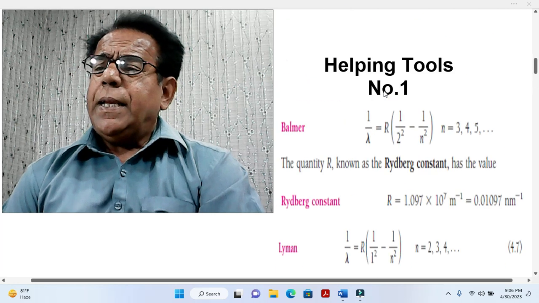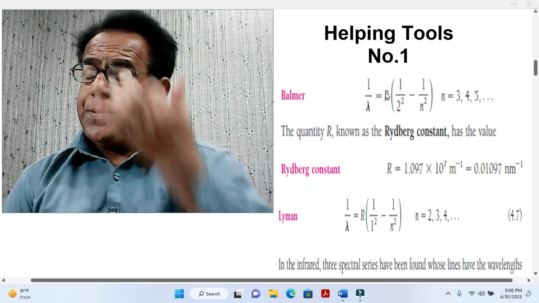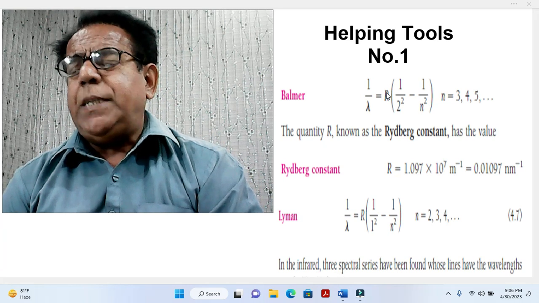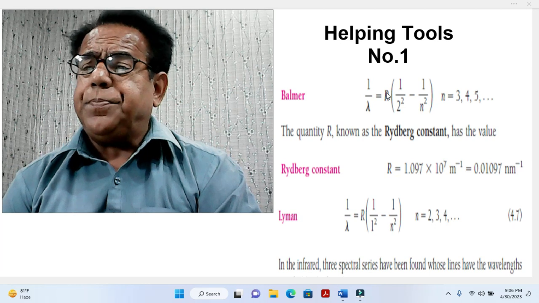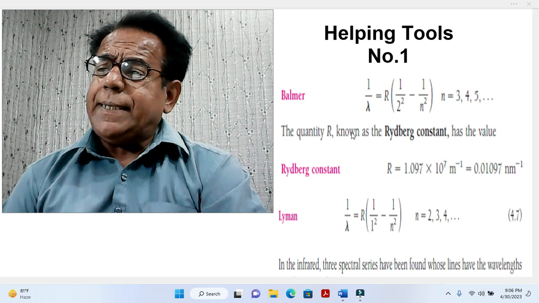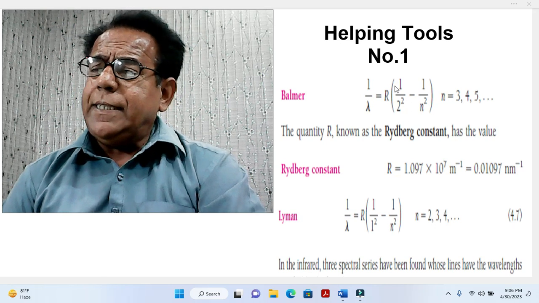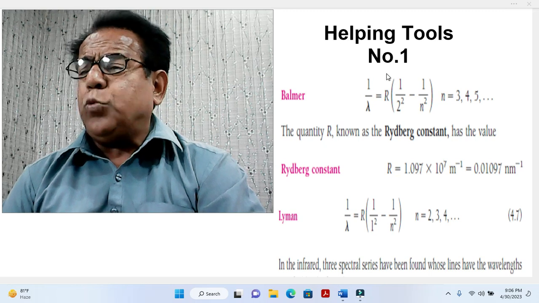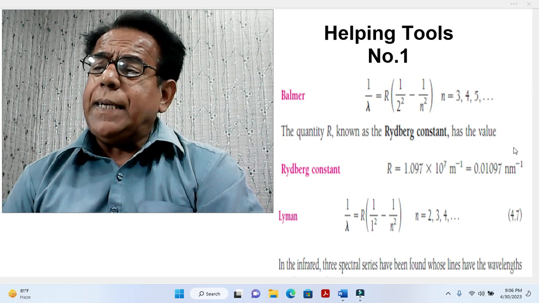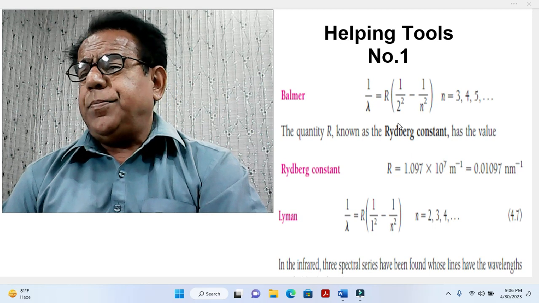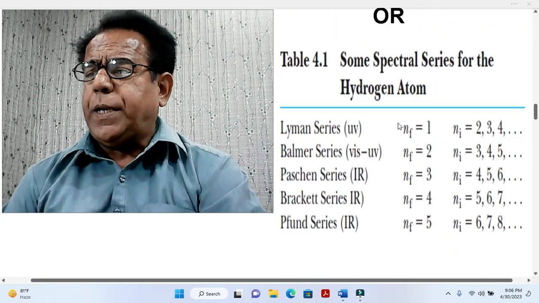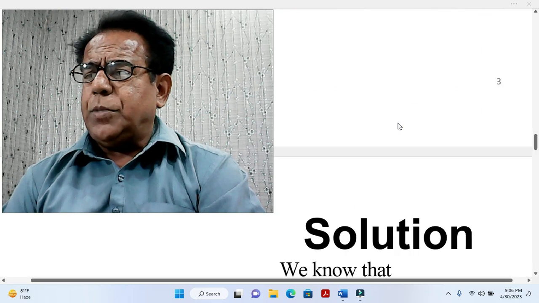Even if we do not discuss this helping tool, our problem will work, because the nutshell of this helping tool has been included in our solution. I first move to that part.